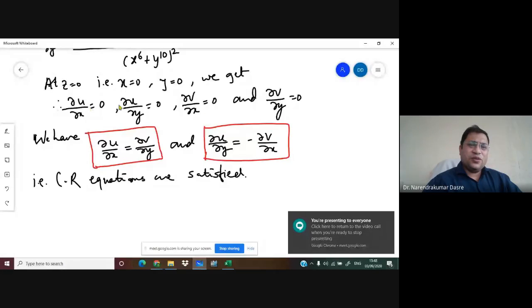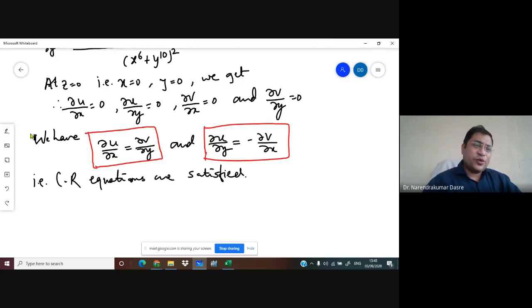Remember that. So the sufficient condition required here is not satisfied. The CR equations are satisfied, but we are not able to check the continuity because of the point function, and hence we cannot guarantee that the function is analytic.